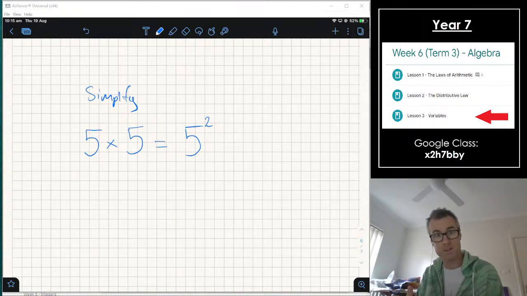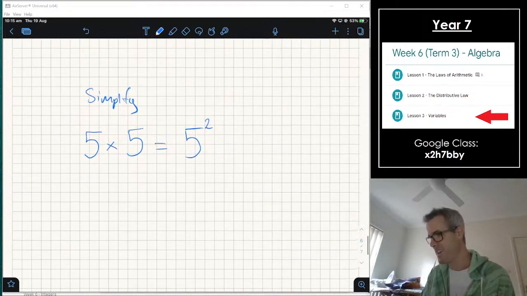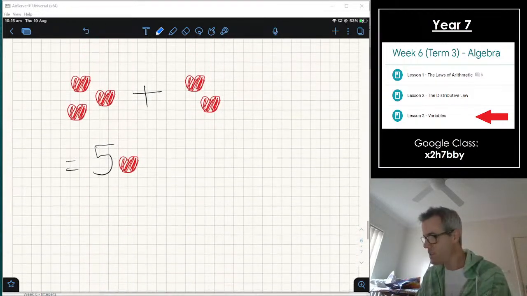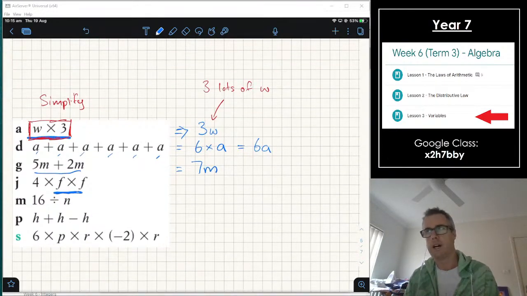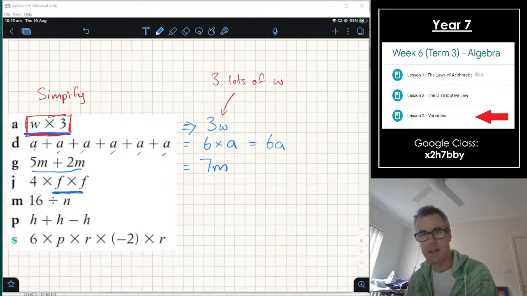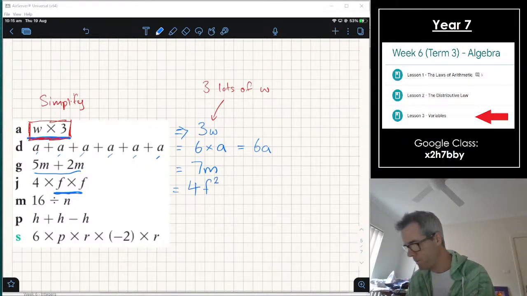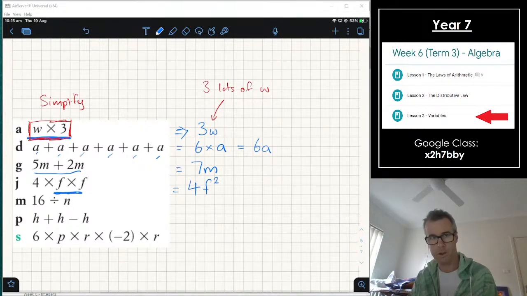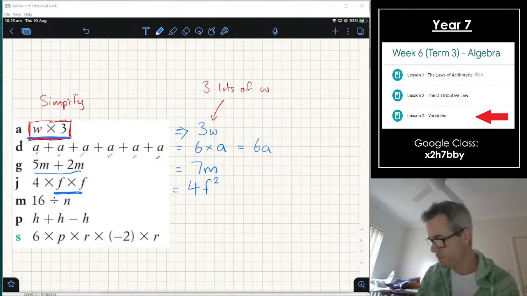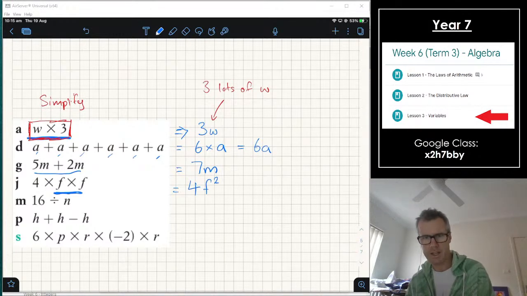Because we remember this from our index laws, like so. So over here, this is no different to using numbers as we are using letters here. So in this instance, we can say we have 4 lots of F to the power of 2, right? We have 4 lots of F to the power of 2. Okay, hopefully that makes sense.